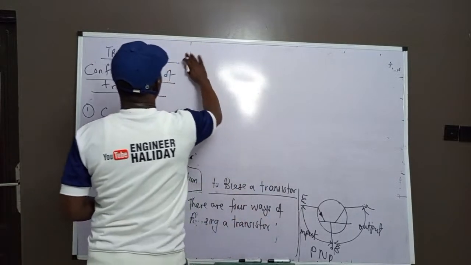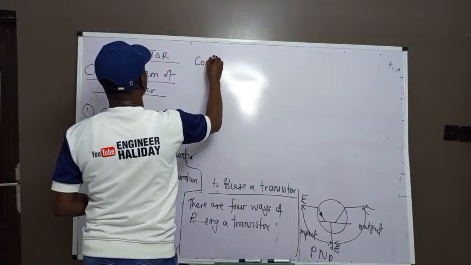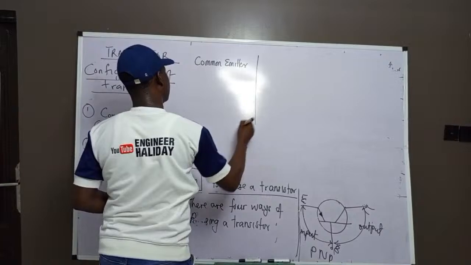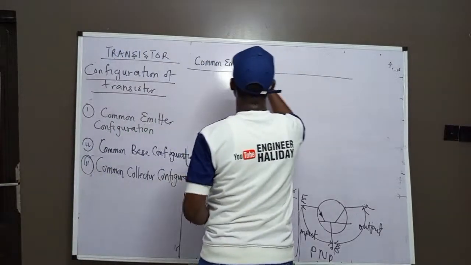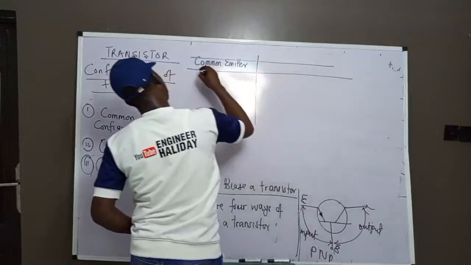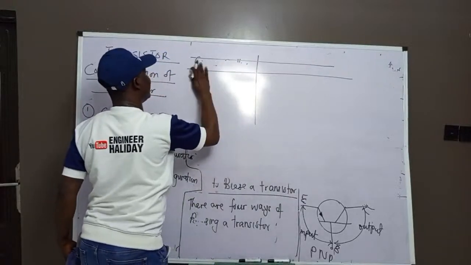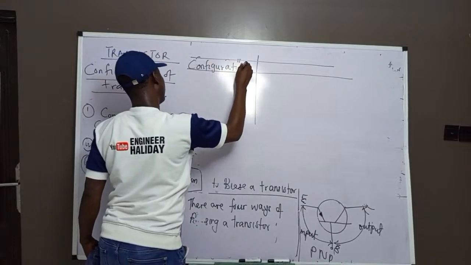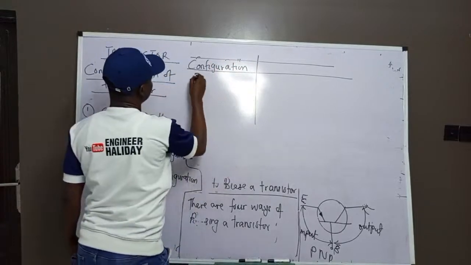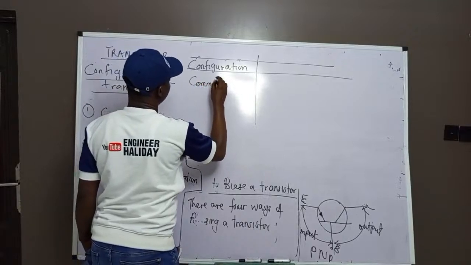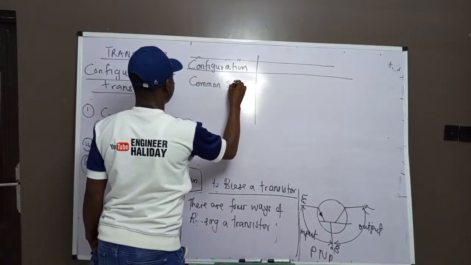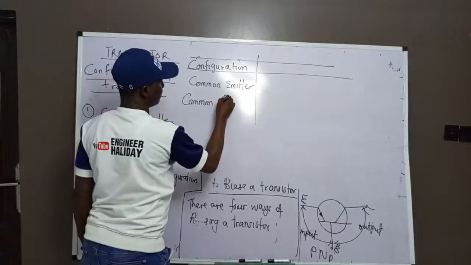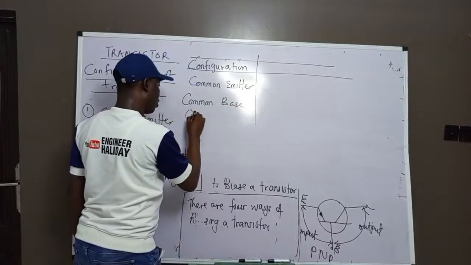Now, we have what they call the common emitter. We have the input under it. Let's write the configurations here: common emitter, common base and common collector.